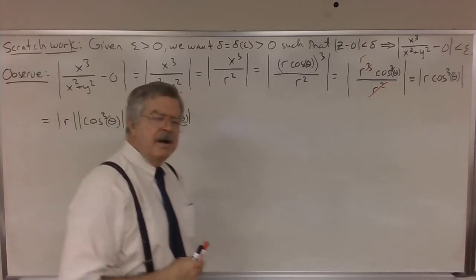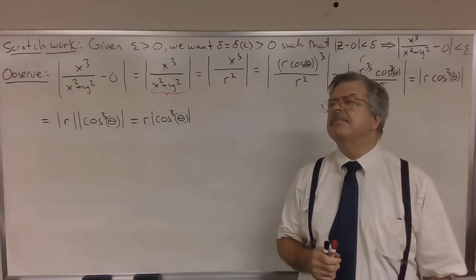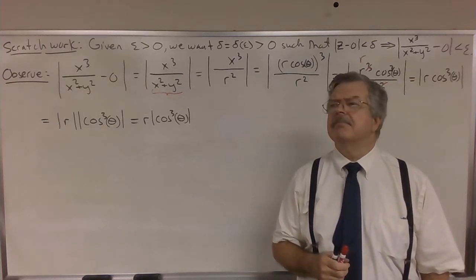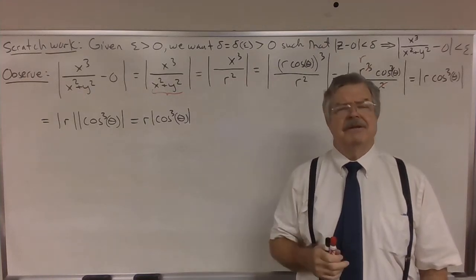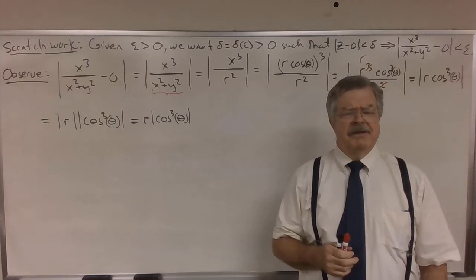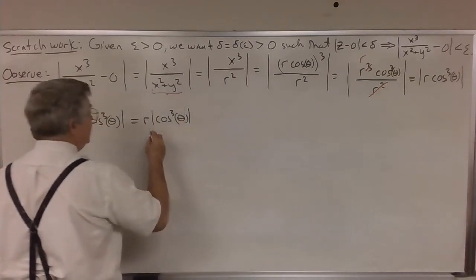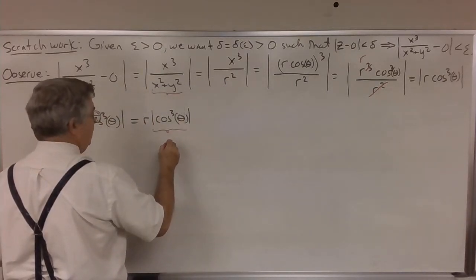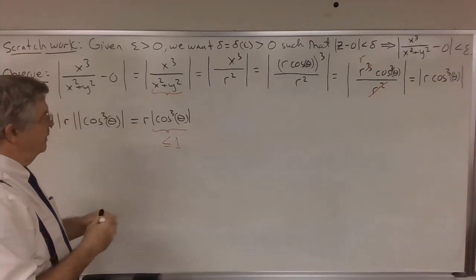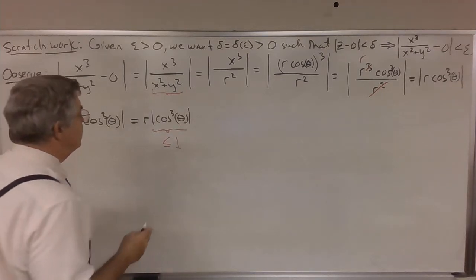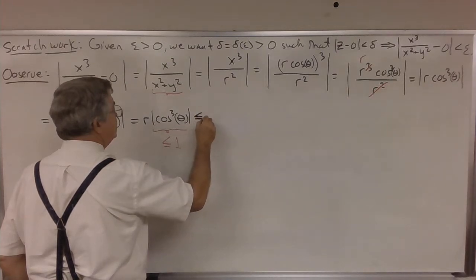And what do we know about the absolute value of cosine of any angle? The cosine of any real number is going to be less than or equal to 1, and it's non-negative anyway. So I can write this is less than or equal to r.